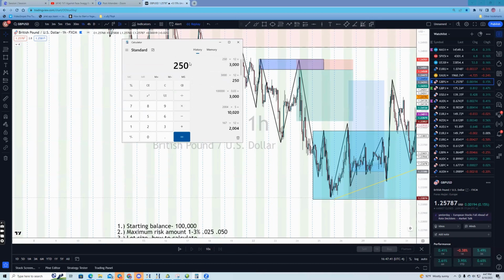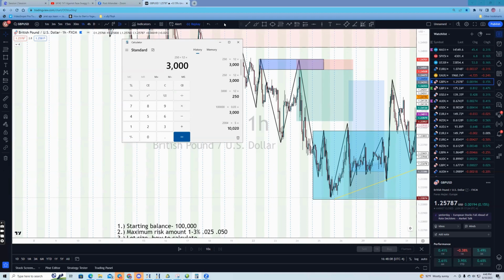Remember I told you move the decimal over twice? There's no decimal, but the decimal still starts here. 1, 2. That means you're risking 2.50. That's 2 standards and 50. So it equals 250. 250 times 12, that's the total amount that you're risking. 250 times 12 will give you $3,000.